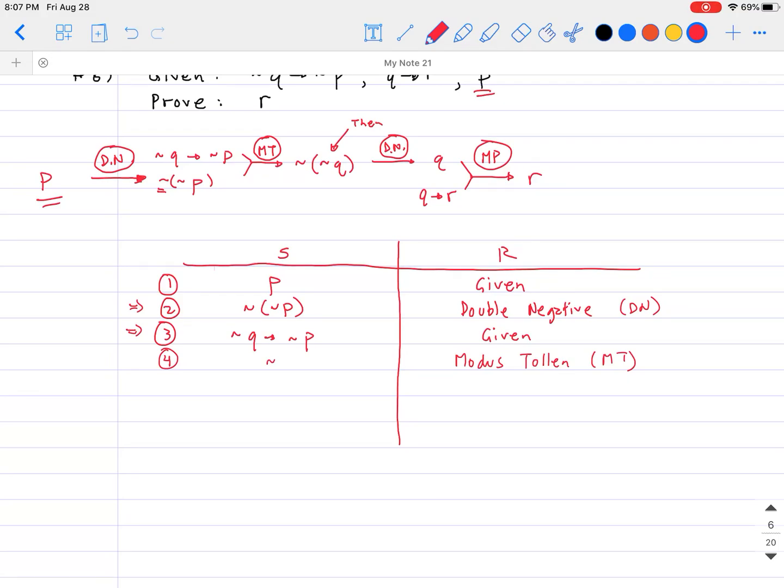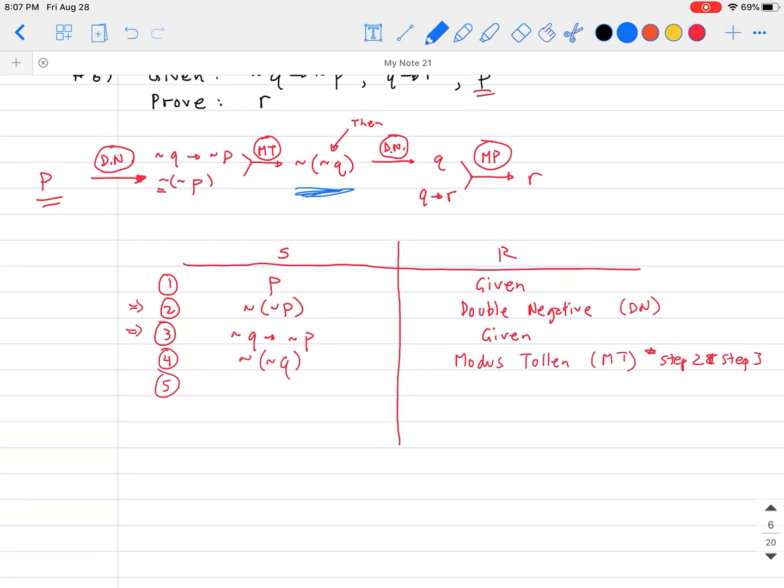Now be careful, the if statement here is the negation of Q, so for the negation of the if statement, you have to put a negation in front. So that right there is going to be modus tollens, and you can write over here that it is from step 2 plus step 3, putting those two things together.